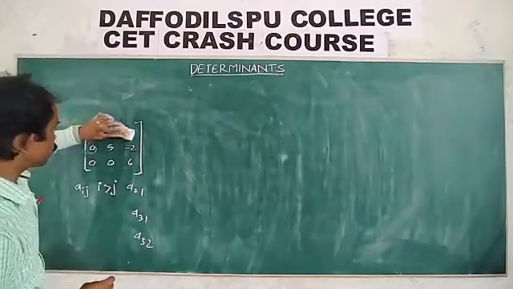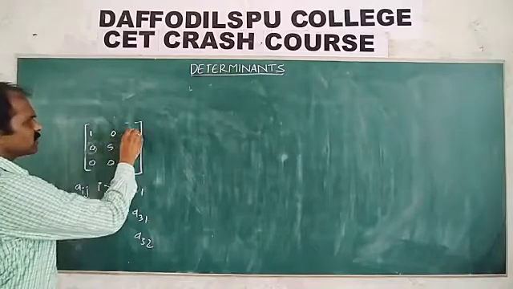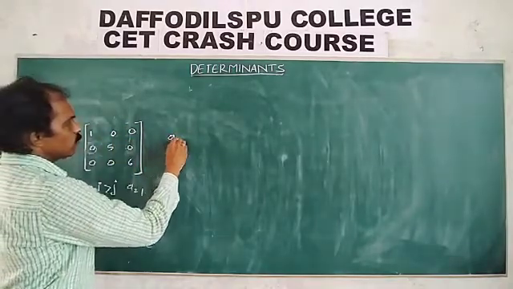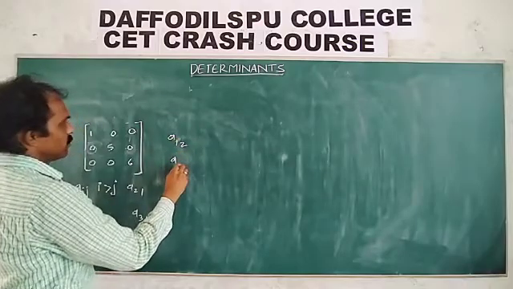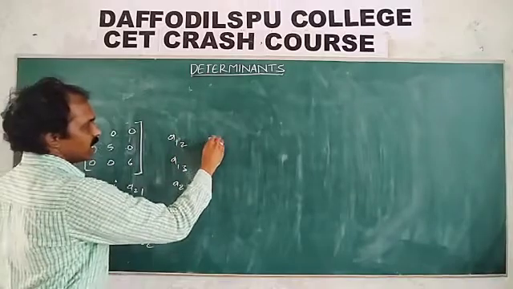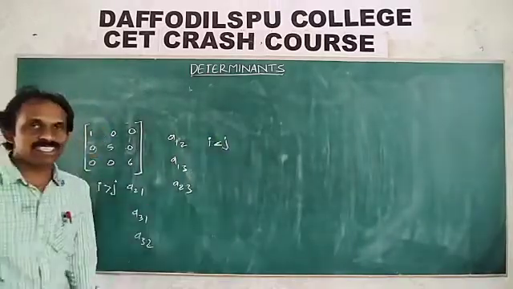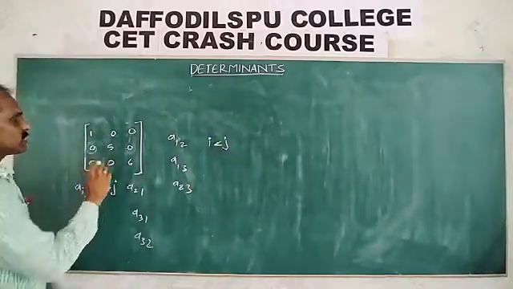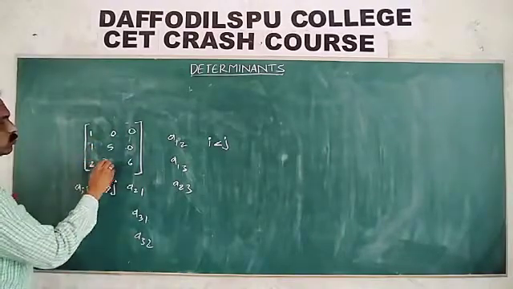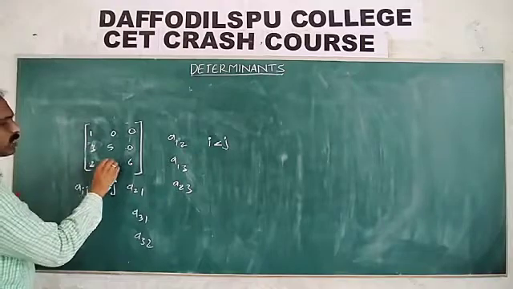Suppose these elements are equal to 0: a 1 2, a 1 3, a 2 3. In this case i is less than j, and this is called a lower triangle, for example 1, 0, 0; 2, 3, 0; and so on with minus 4.